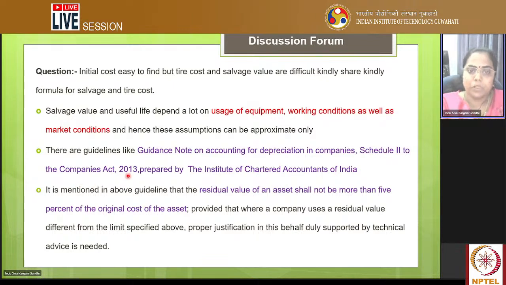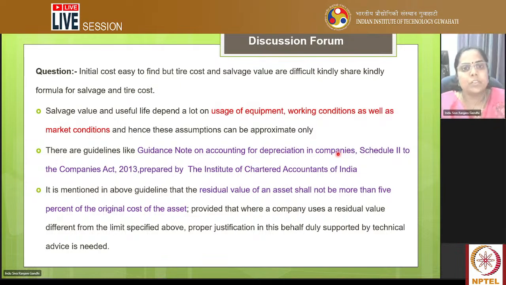You can refer. There are some guidelines given on how to assume the residual value of the machine. The residual value is not supposed to be more than 5% of the original cost of the asset. That is a guideline, but you can deviate from the guideline provided you provide proper justification for that. You can patiently go through these guidelines which are available online.